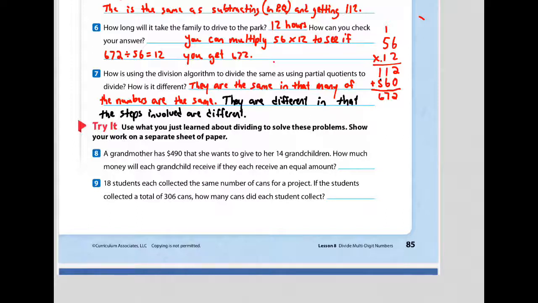Whatever way you didn't do with me. All right, so you're going to want to get a separate sheet of paper. So your first step is do 8 and 9 on your own. You'll pause the video and do whatever division method you choose. All right? Pause the video. Go.